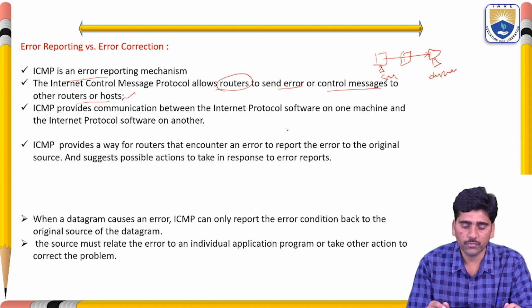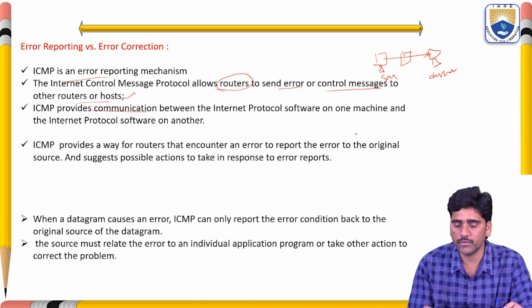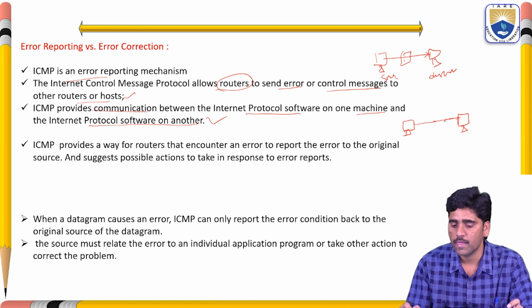For that, ICMP provides communication between Internet Protocol software on one machine and Internet Protocol software on another machine. Those two machines are working with the internet, and in between them the routers are present.